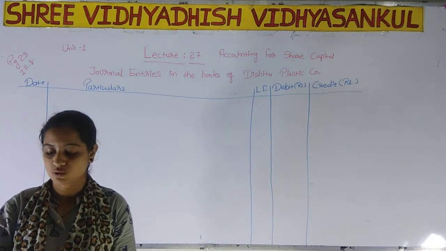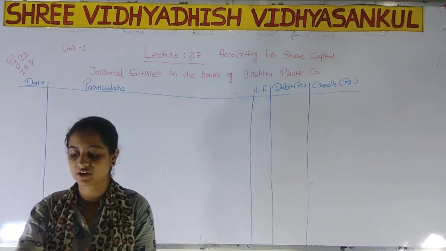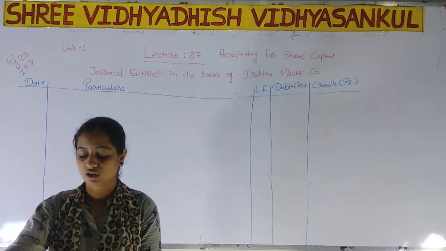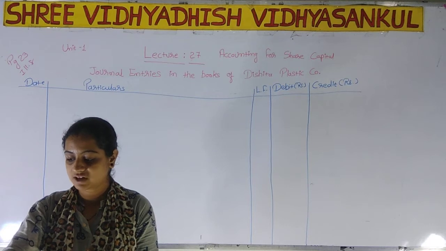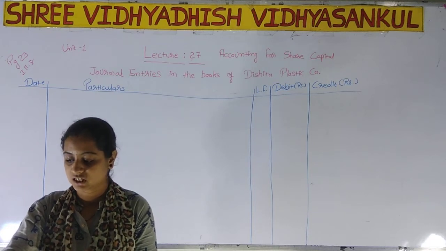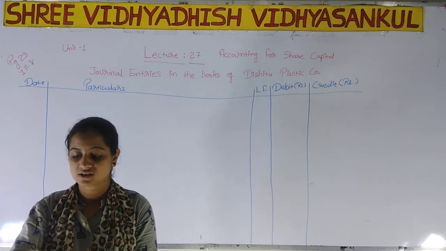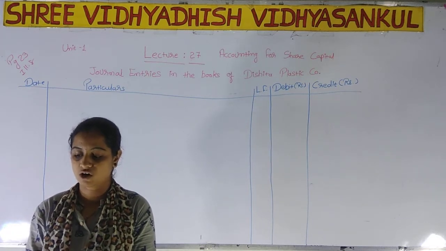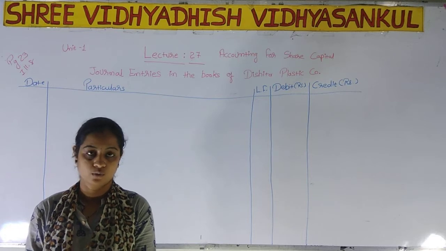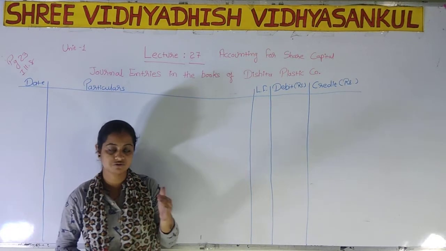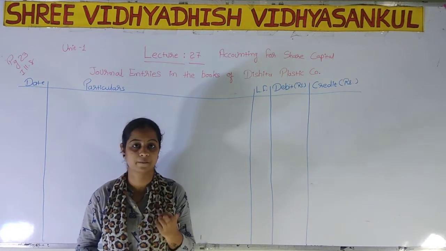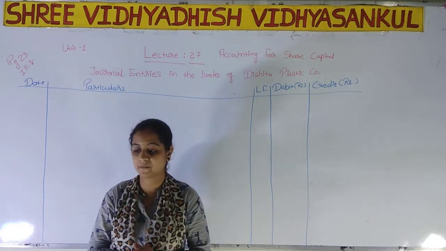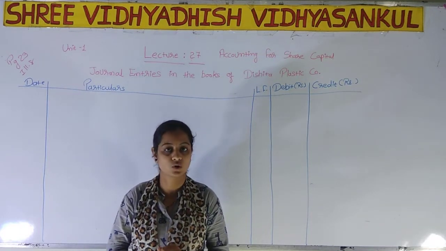The subscription was closed after receiving full subscription of shares on 11th July 17. On 21st July 17, directors made allotment of all the shares applied for. એટલે અમાઉન્ટ રિસીવ ક્યારે કરી 11th જુલાઈએ, બટ એને ટ્રાન્સફર ક્યારે કરી આપણે 21st જુલાઈ, રાઈટ.